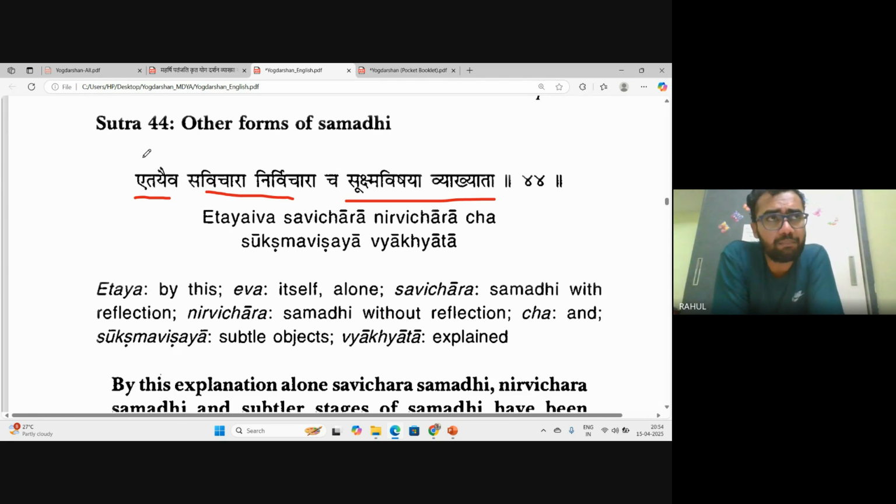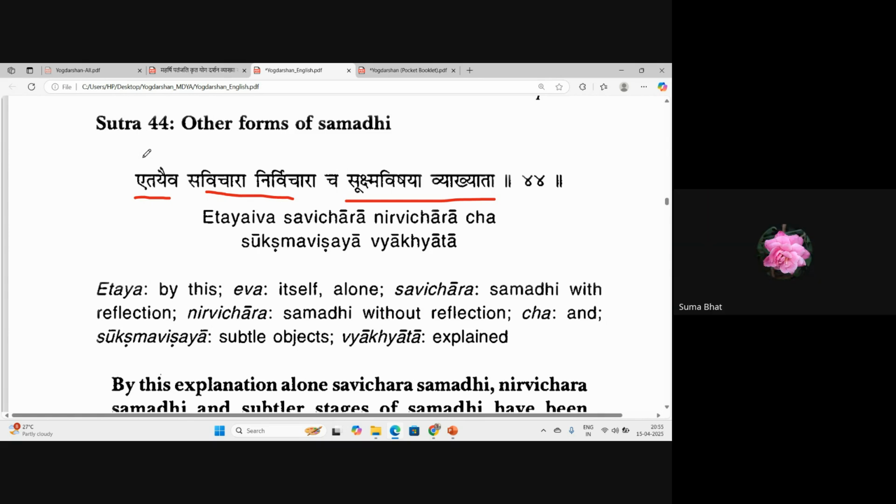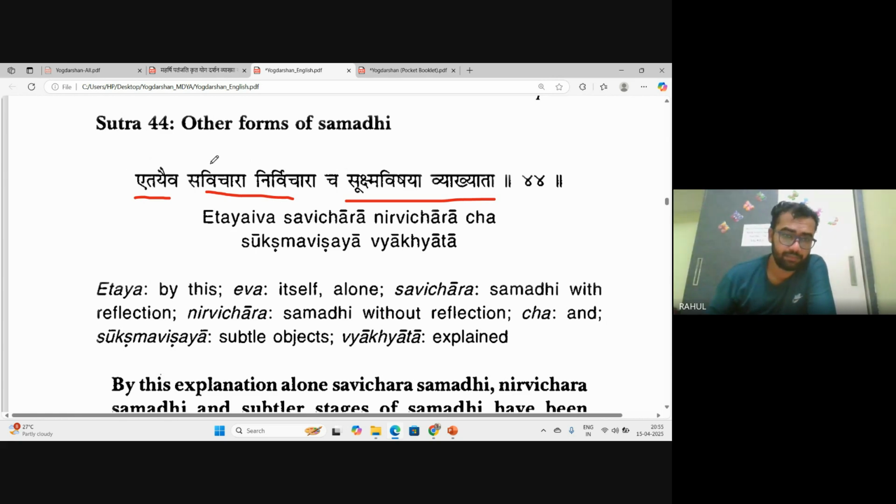If he is getting the combined knowledge, Sabda, Artha and Gyan, now let me know what we call that Samadhi. Yes, please. That Samadhi will be Savichara. Good. Directly, as in the previous sutra, he told, I will not explain the same thing again, it is the same formula.